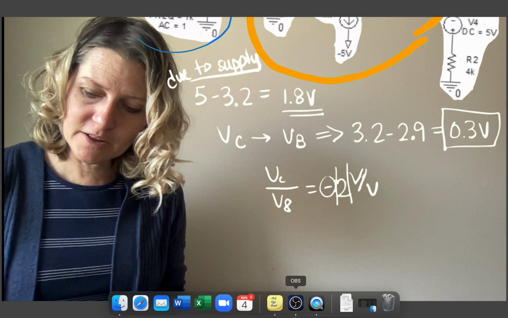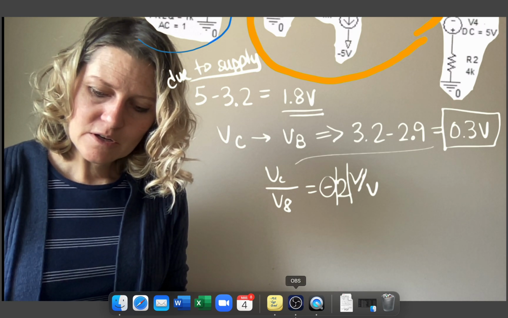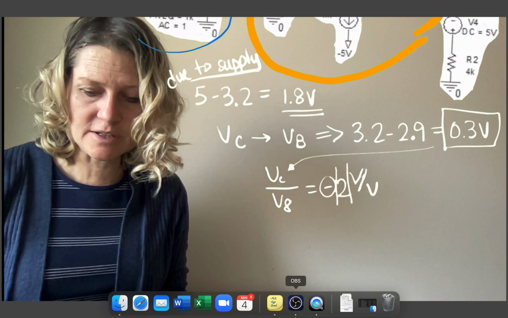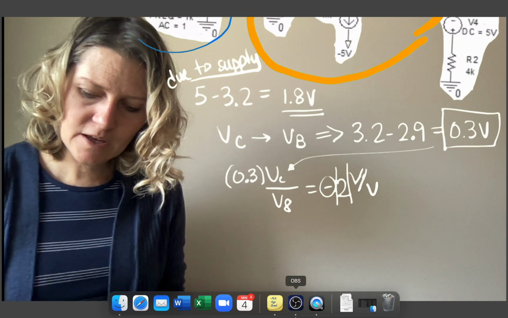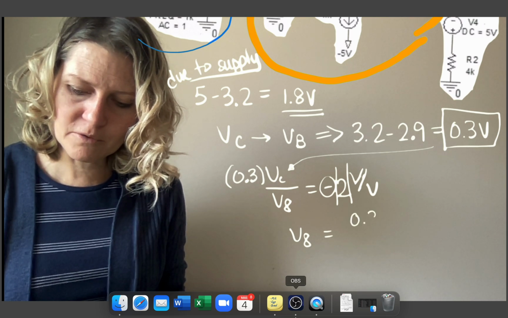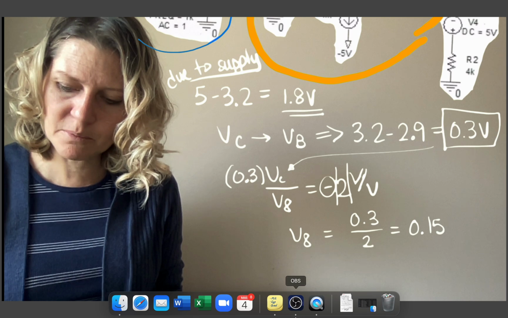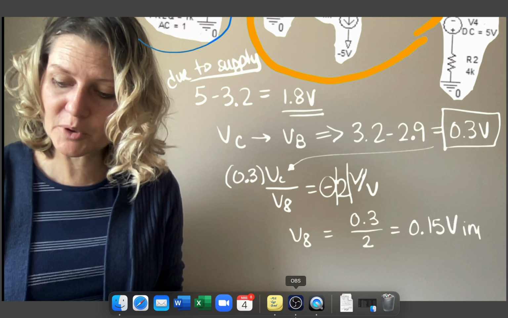So if I limit this output in AC to only be a 0.3 volt difference, and I solve this, then my input here is going to be 0.3 over 2. So the maximum it would be 0.15 volt input.